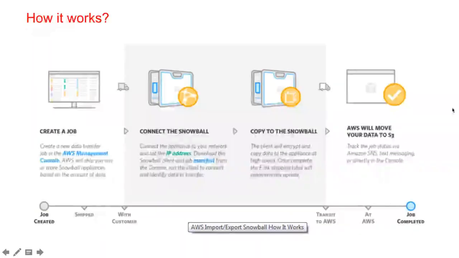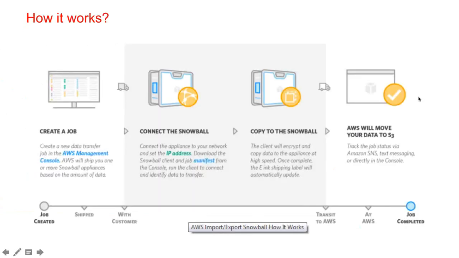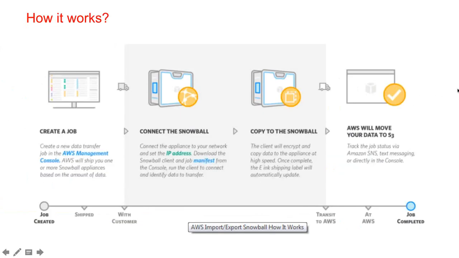Once we create a job, let's suppose we create an import job. In that case, Amazon Web Services will ship the Snowball appliance to our data center.